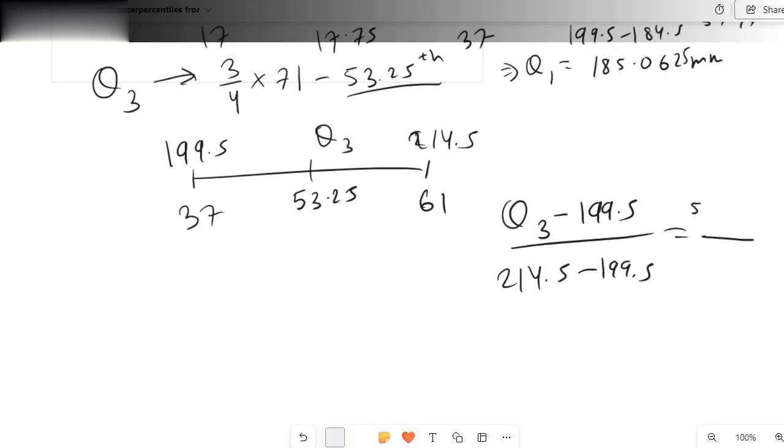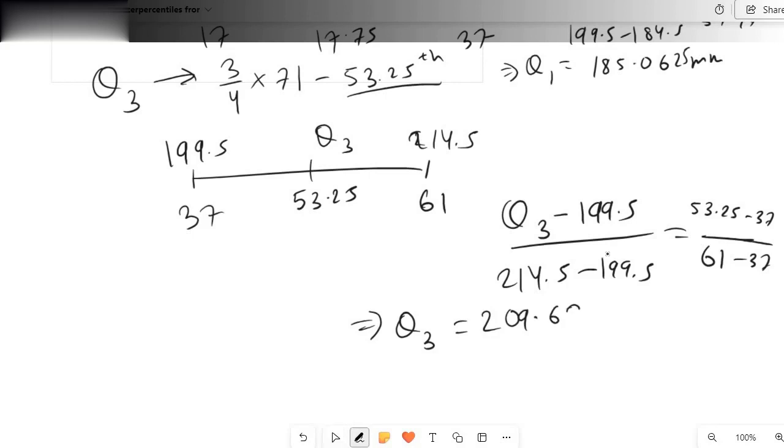So 53.25 minus 37 divided by 61 minus 37. Therefore, Q3, the upper quartile, is going to be 209.65625.